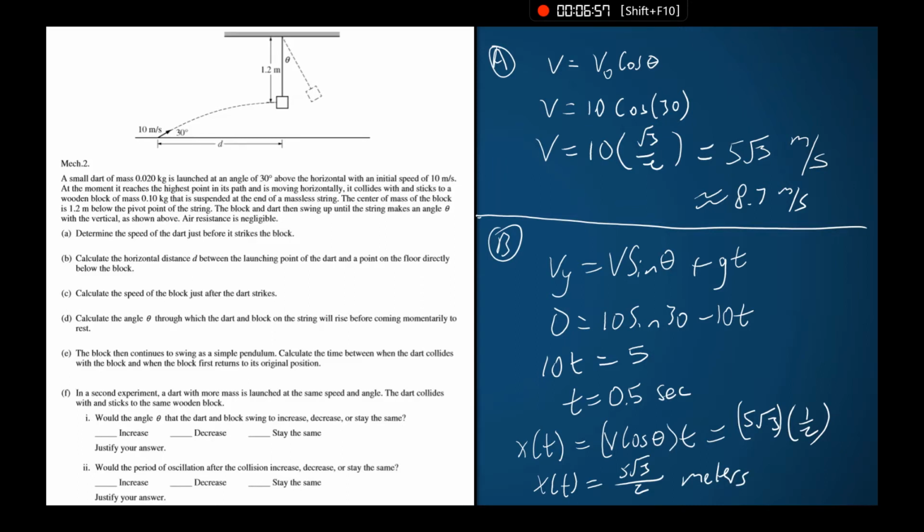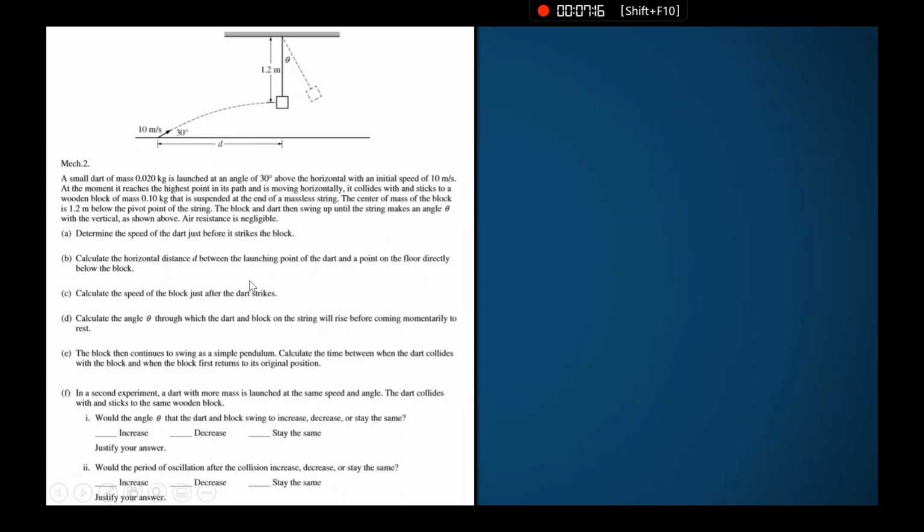Which would be around 4.4-ish, since my rounding's a little bit different here. Okay, any questions on A or B? Okay. So kind of pre-calc projectile motion so far.